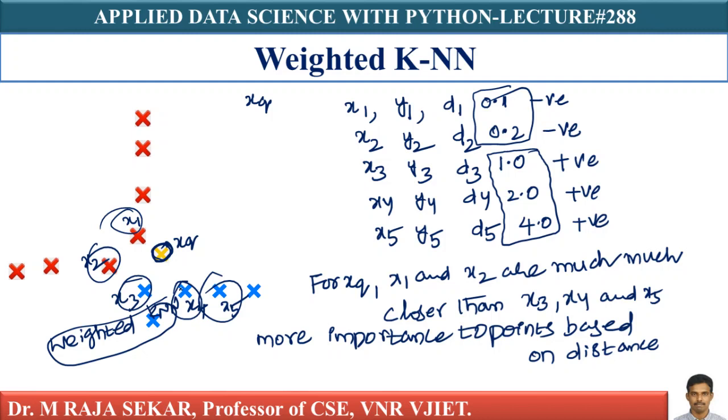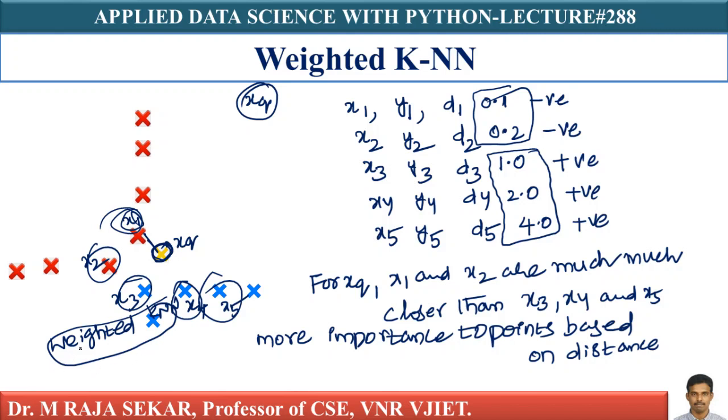I must give weightage depending on their proximity, their closeness. If some point is very close to my query point, it must get high weightage. Given my xq, let's assume x1 is my nearest neighbor. 0.1 means it is the nearest neighbor.